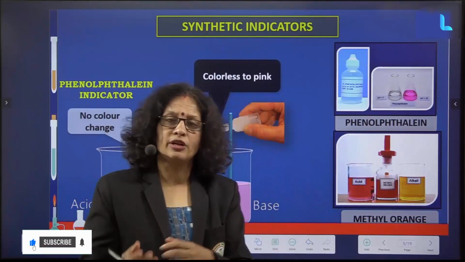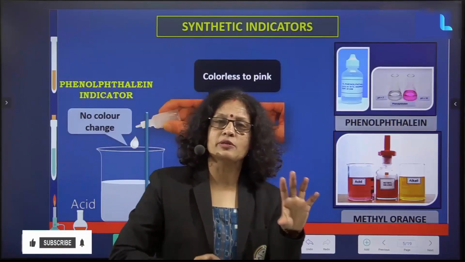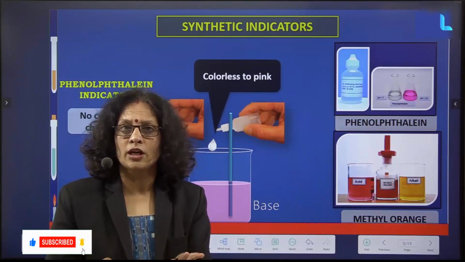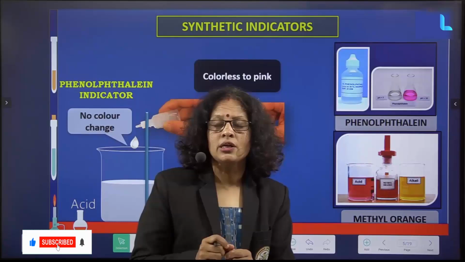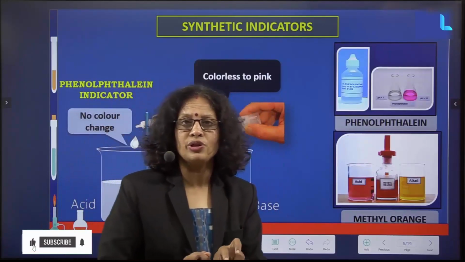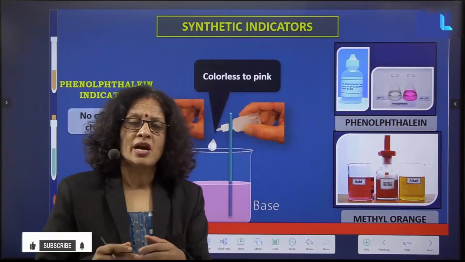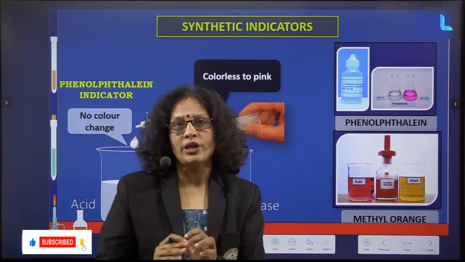The solution filled in the burette and the pipette is colorless. So to identify the completion of the reaction, we add a few drops of indicator in the conical flask where we are doing the experiment, and when we start, we will observe the color change. As the color change comes, we should stop the experiment and note down the reading.